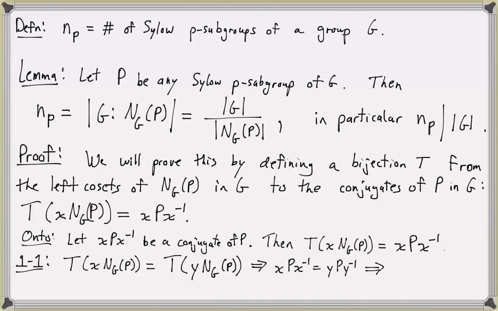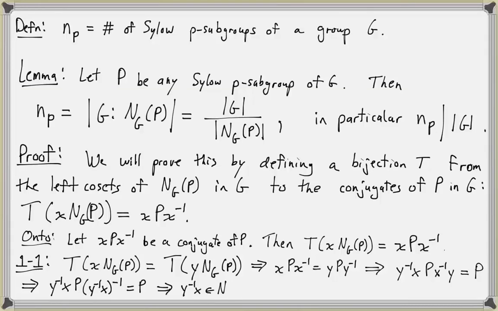And that implies that Y inverse X P X inverse Y equals P, which is the same as Y inverse X P times the quantity Y inverse X inverse equals P. And this tells us that Y inverse X is in the normalizer of the subgroup P.